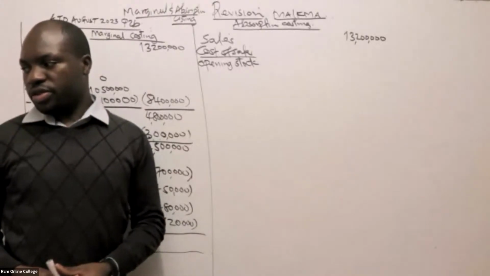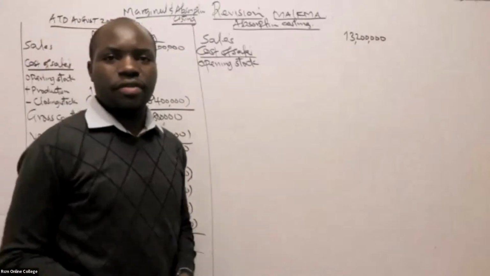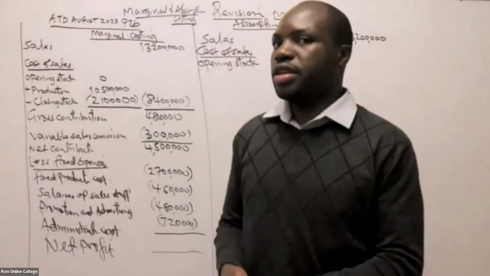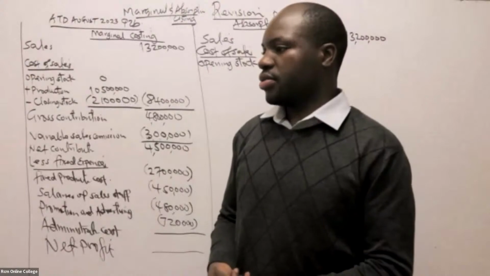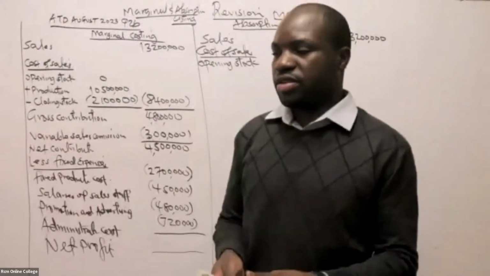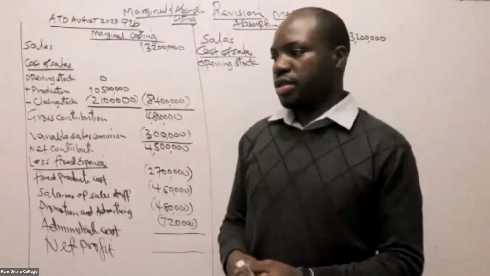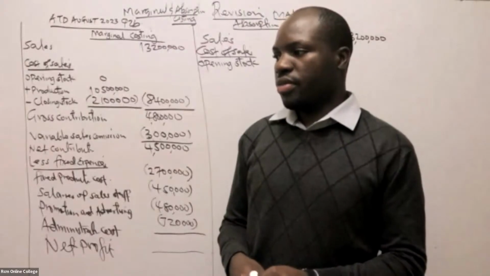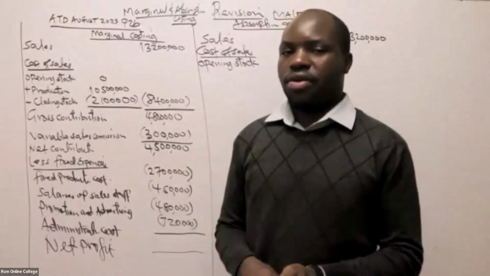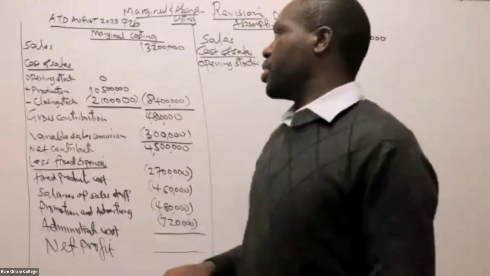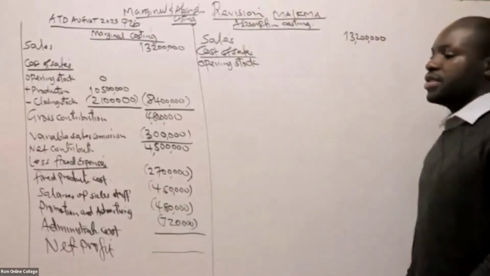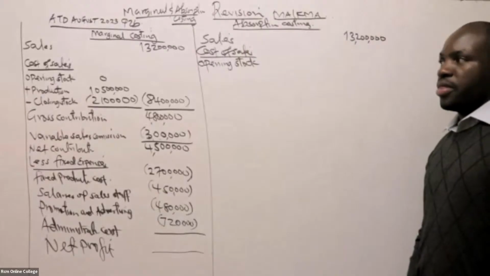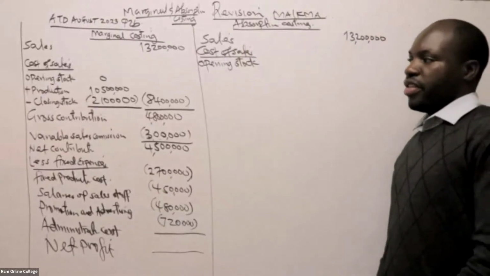Marginal cost and absorption cost figures, okay, that was done during the first part of this class. We did that during the first 5 minutes of this class. So how did we get the 350 that we are using here?